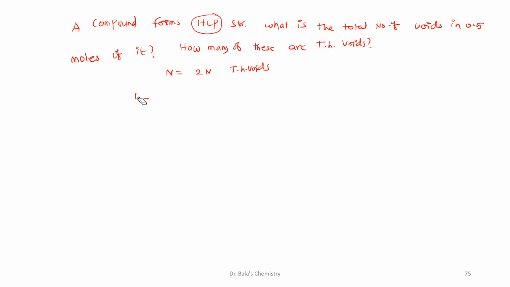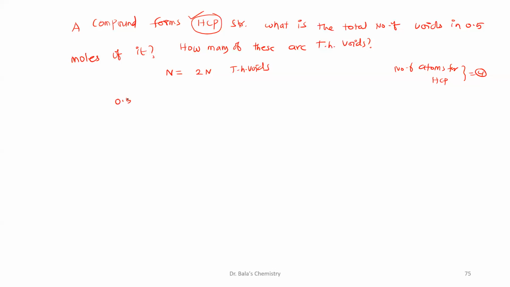Number of atoms per unit cell for HCP structure is 4. Number of atoms for HCP is equal to 4. Am I right?